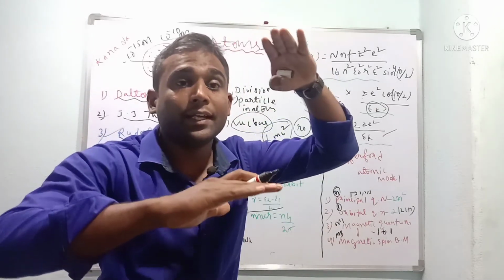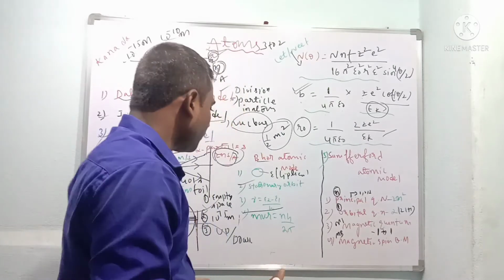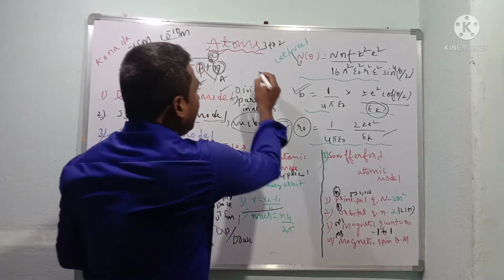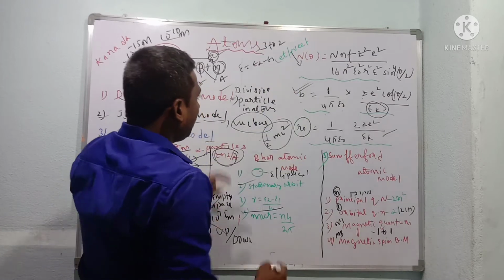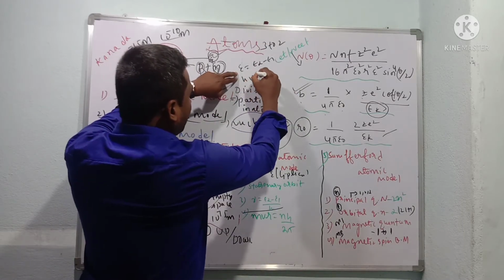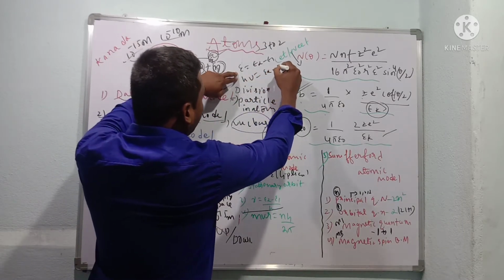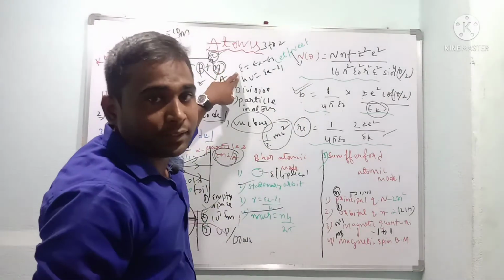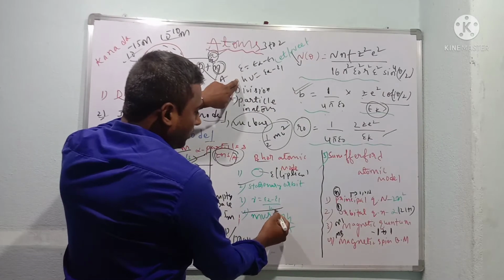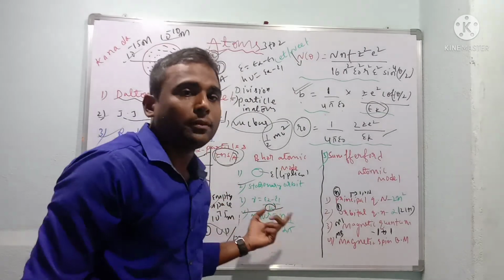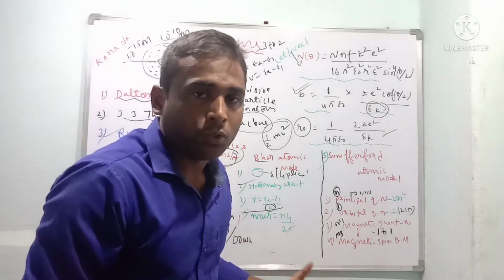We know that E is equal to E2 minus E1. Now E is nothing but Planck's constant, h nu, equal to E2 minus E1 according to Planck's quantum theory. So nu is equal to E2 minus E1 divided by h. This is the third postulate explained by Bohr.